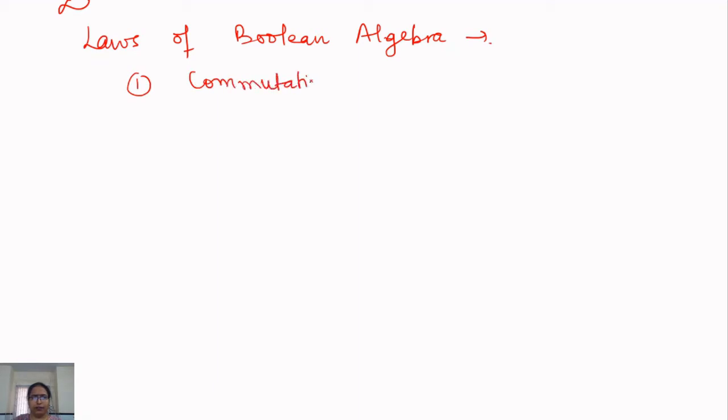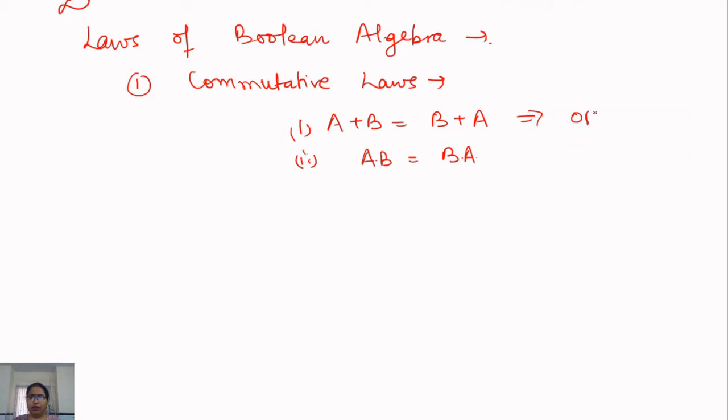The various laws of Boolean algebra are: the first one is the commutative law, which states that A plus B is equal to B plus A, and the second one is A dot B is equal to B dot A. It means that the inputs can be interchanged in the OR gate and in the AND gate.